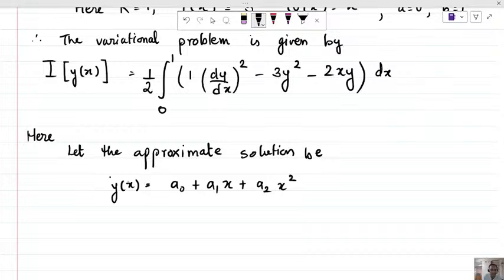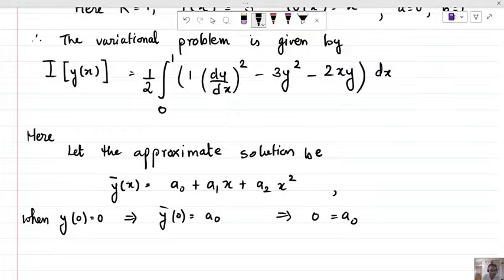We can call it y bar also, no problem. Now, as per the initial conditions given to us, y of 0 is 0, which implies that when we take y bar of 0, it will be a naught. So 0 equals a naught, so a naught is 0. This is the first thing that you get.